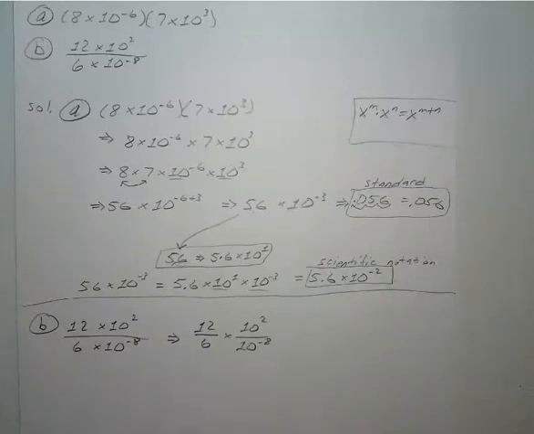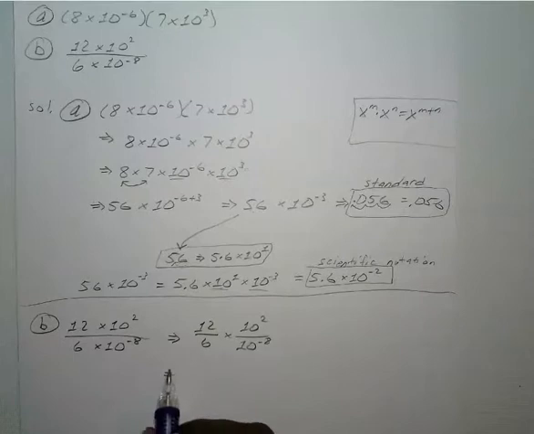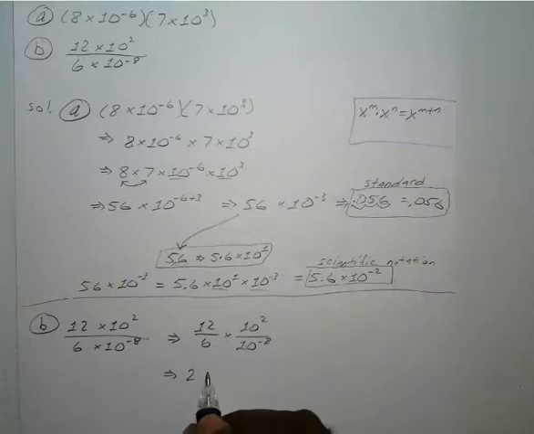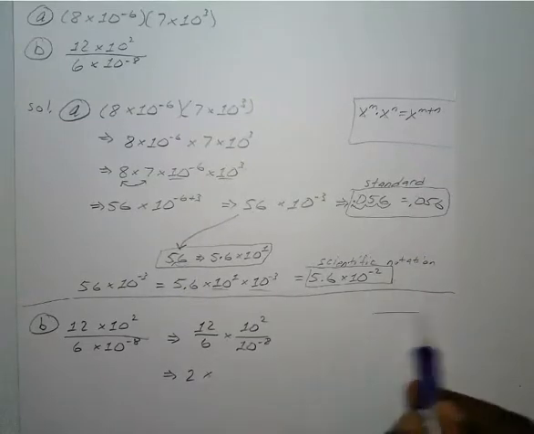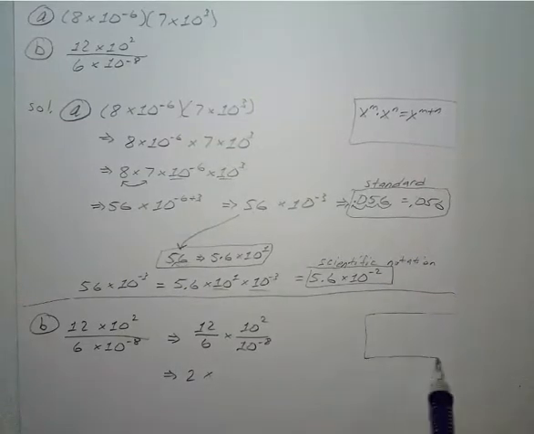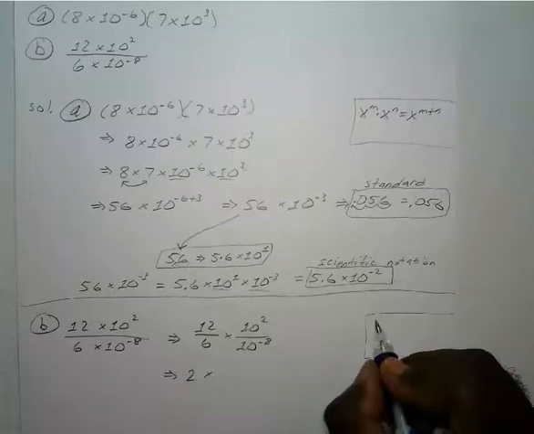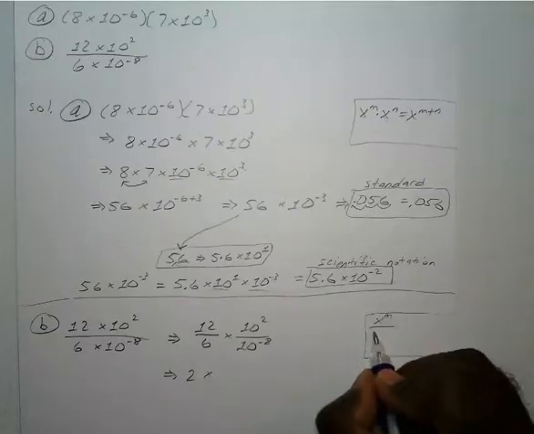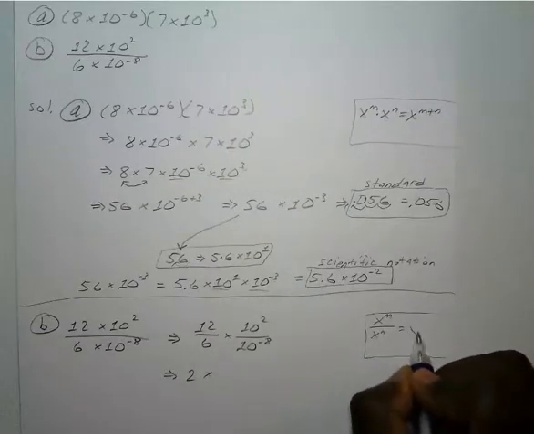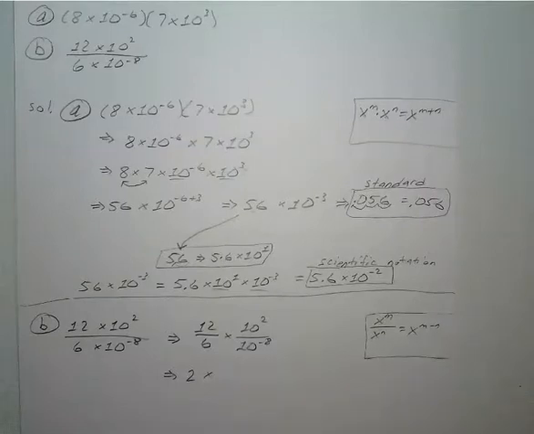If you notice here, 12 divided by 6 is 2 times, and if you remember your rules for dividing exponents, you have x to the m over x to the n equals x to the m minus n.